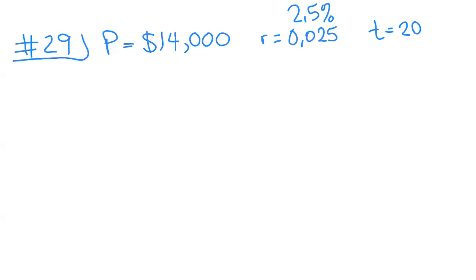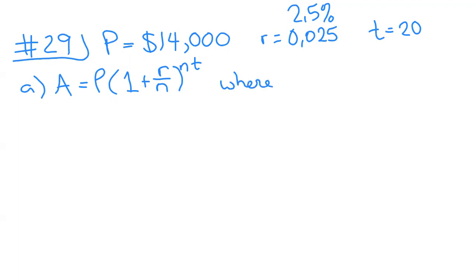And they're asking us to compound in several ways. So A is annually, compounded using 1 plus R over N to the NT, where N is 1 for annually.